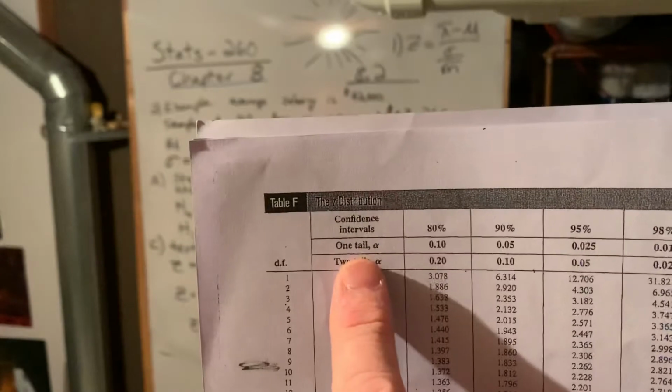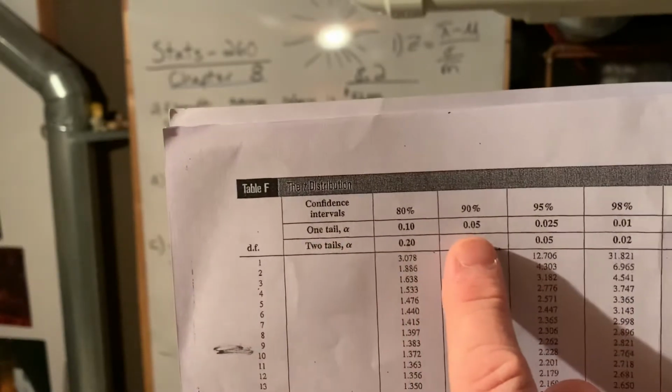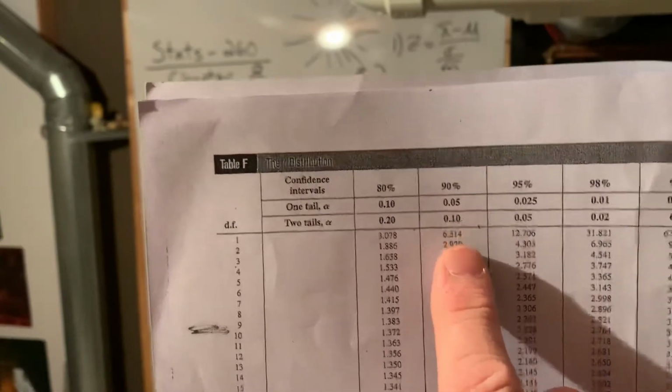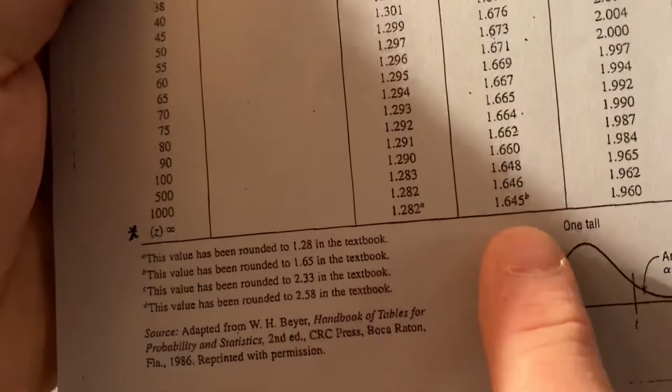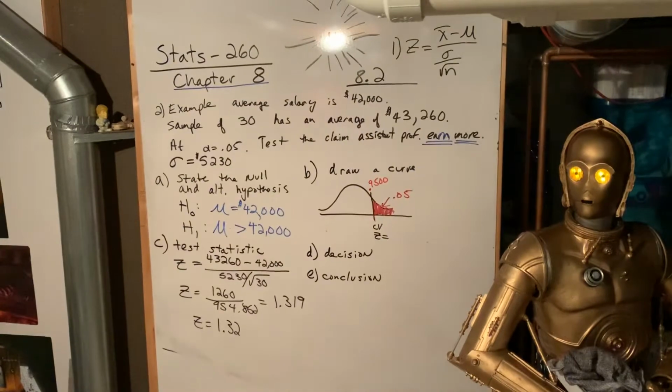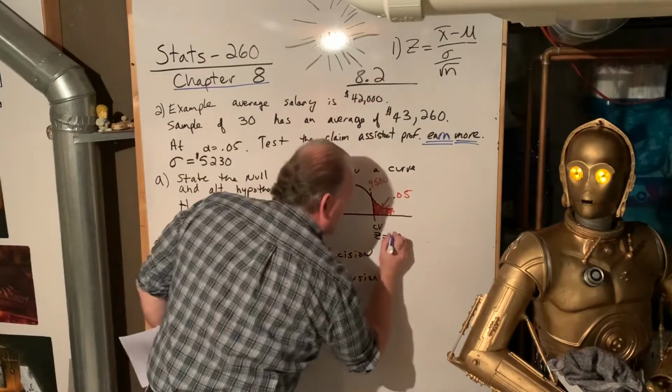Well, this is a one-tailed test, and we want 5%, and we get to use z. So we go all the way down to the bottom, and that is 1.645. So let's put that in. 1.645 is this critical value.